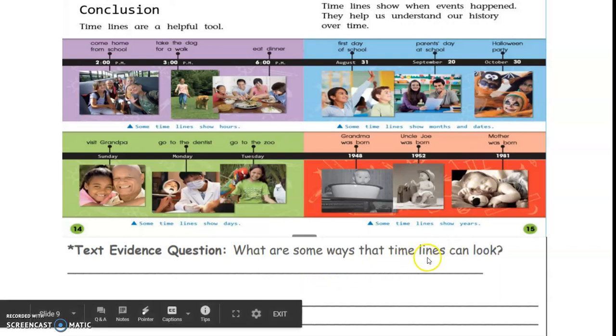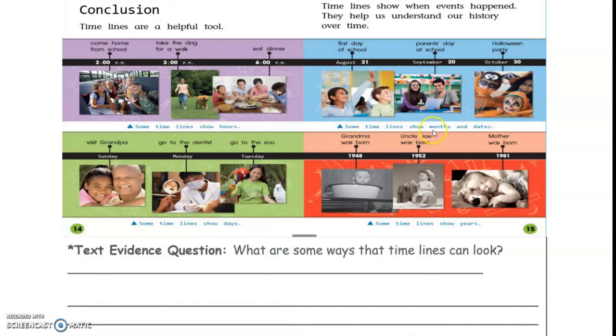So what are some ways that timelines can look? All right, so talk about those with your parents. And here it reminds us some timelines show hours. Some timelines show months and dates. Some timelines show days. And some timelines show years.